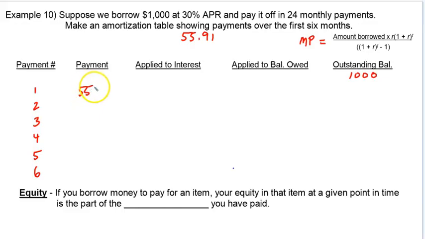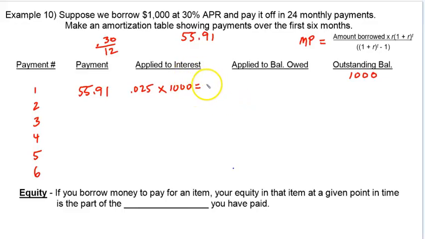So $55.91, and then applied to interest, we need to do the 30% divided by 12. Right? And that's going to be 2.5%. So 2.5%, or 0.025, we'll show it as a decimal. 0.025 times the previous outstanding balance, which is all of it before our first payment is made.